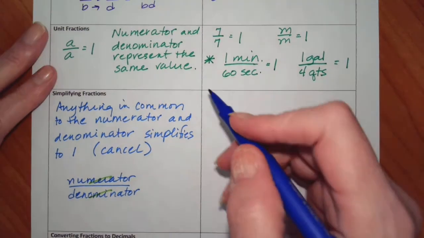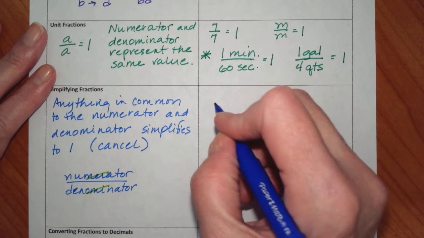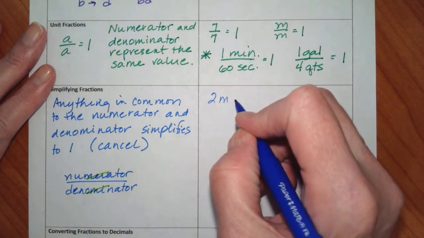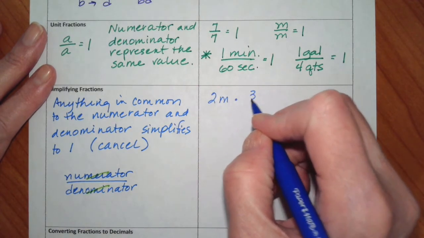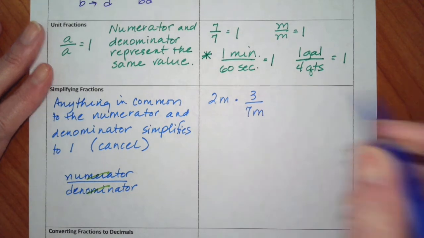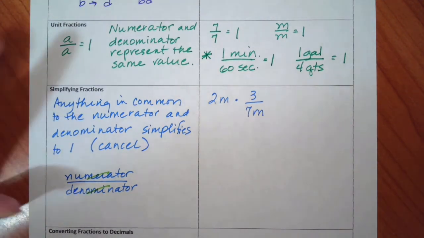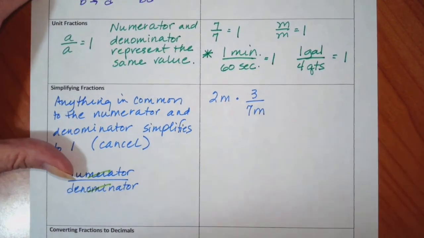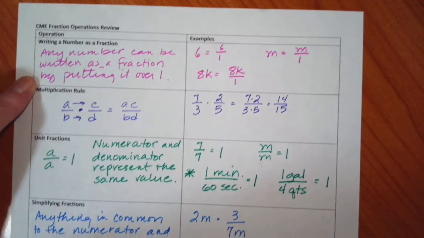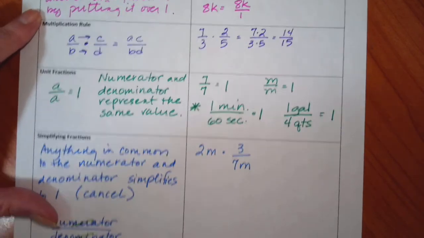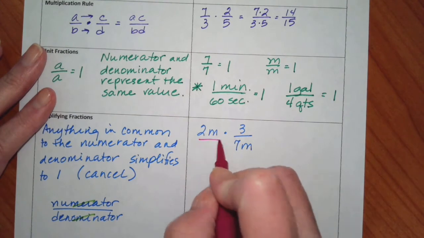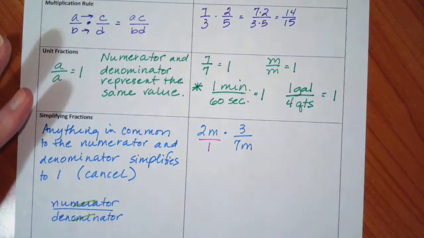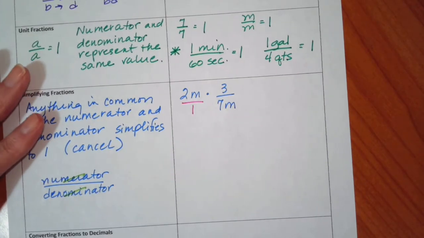Okay. So let's do a couple of examples of this. If I have 2m times 3 over 7m, well, the first thing I'm going to do is go back up here, and I'm multiplying, which means I have to take this first number and turn it into a fraction by putting it over 1.